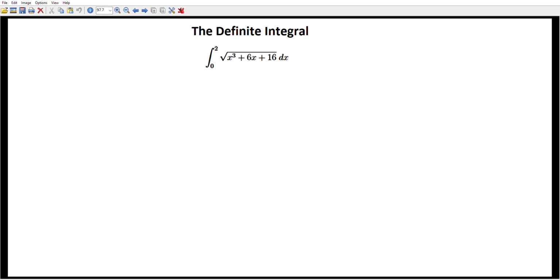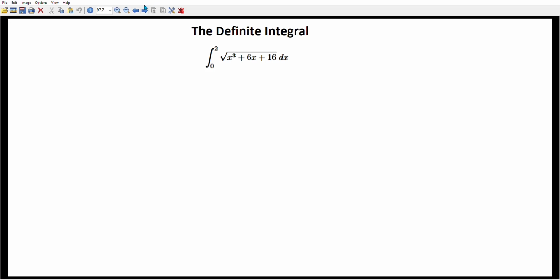Now, this definite integral is sufficiently complicated that we can't actually find the exact area, but we can estimate where that area lies in terms of magnitude.